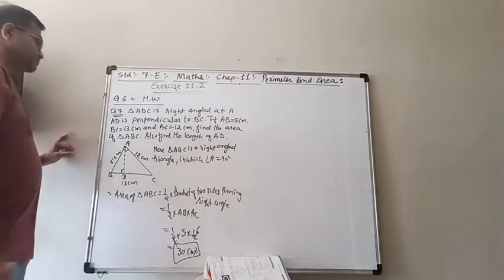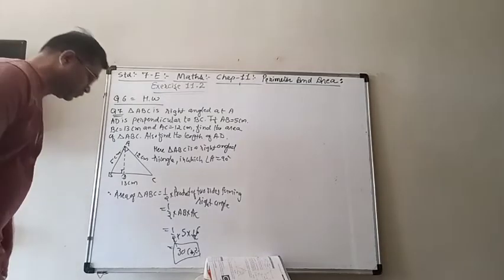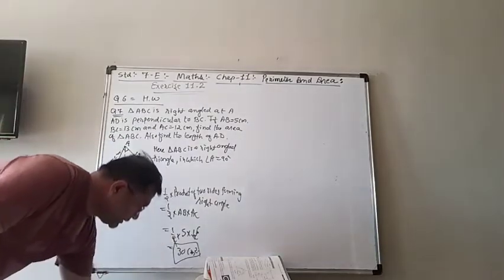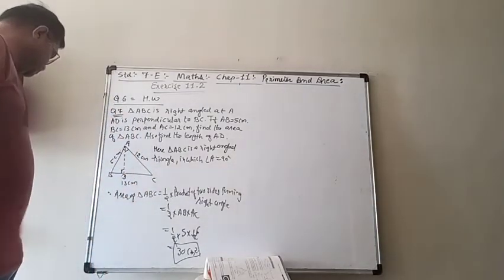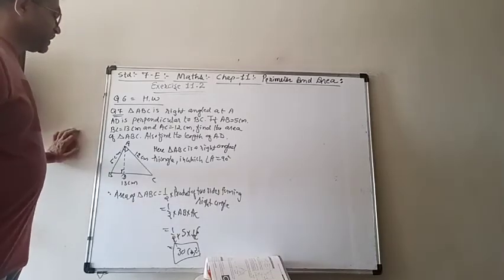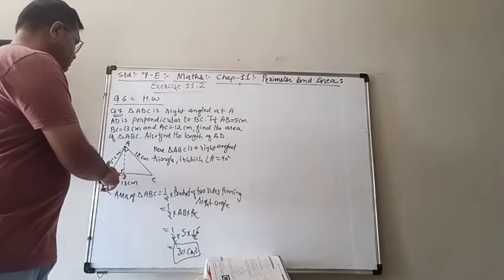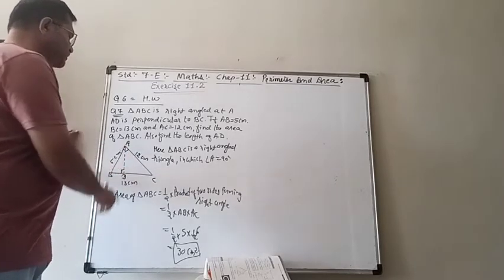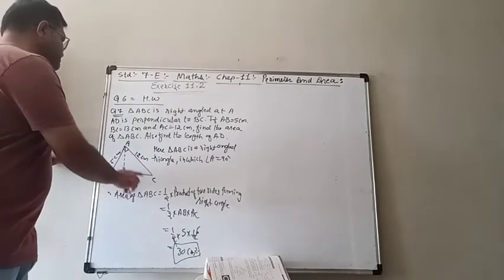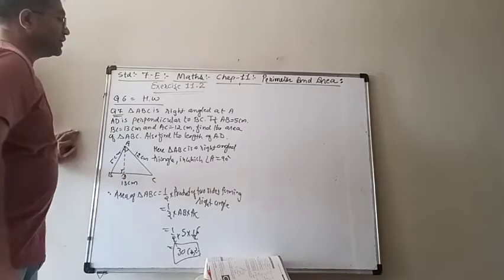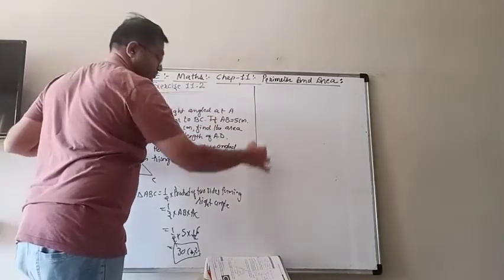So area of a right triangle is equal to 1 by 2 multiplied by the product of two sides forming the right angle. Now we have to use this another formula, half into base into height, because here we have to find the length of AD also.